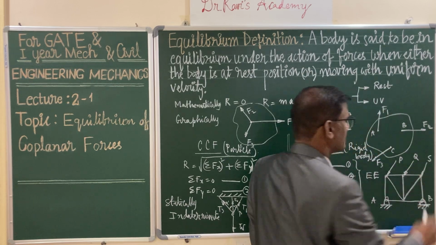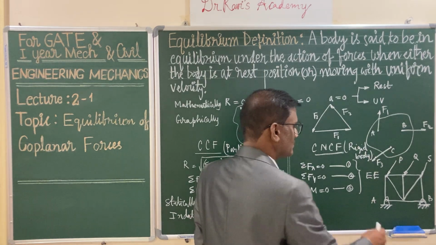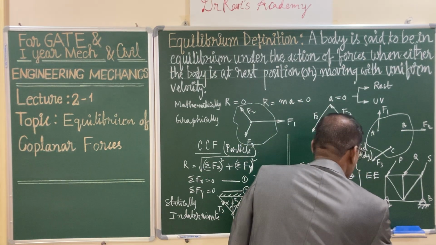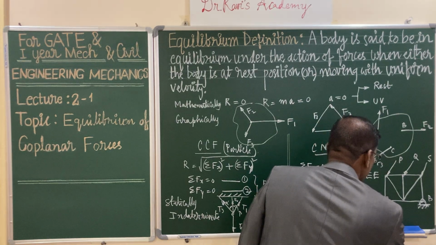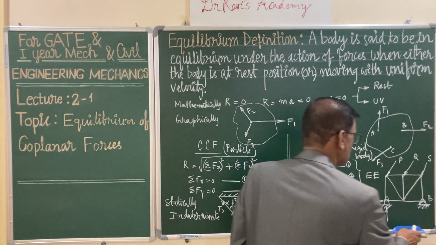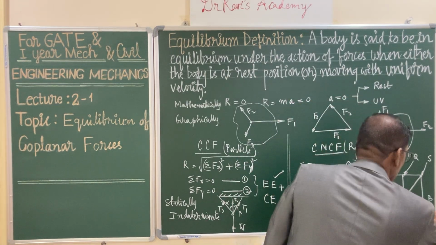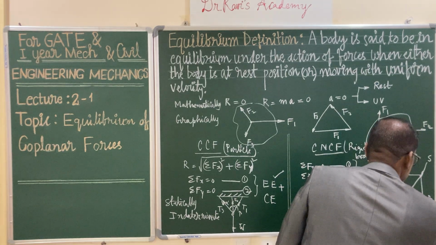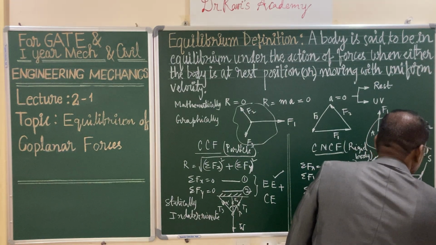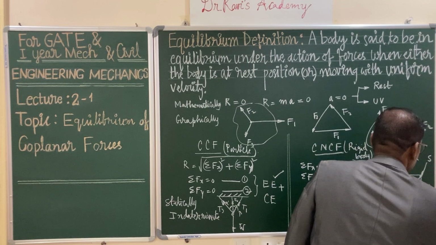P, Q, S are the external forces, and as you know, a hinge connection is always replaced with one horizontal and one vertical reaction, RA horizontal and RA vertical. Here you have two unknowns, and on the other side another set of two unknowns, RB vertical and RB horizontal.